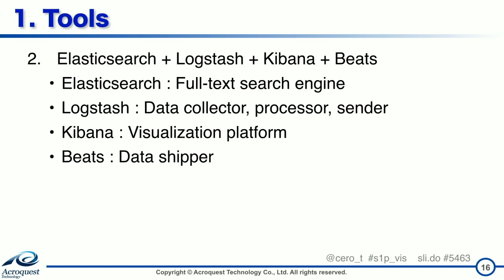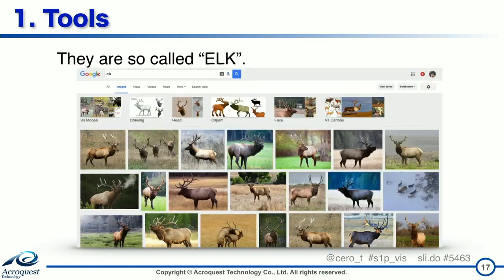And this stack is the so-called ELK stack or elk stack. Elk is like this animal. But it is a little older name. I know most people call it the ELK stack because this is Elasticsearch, Logstash, Kibana. But there is the newcomer Beats.